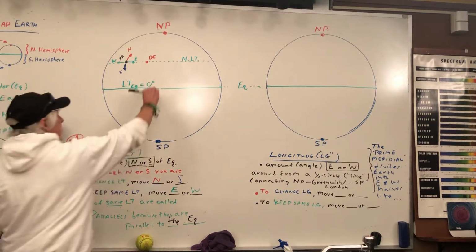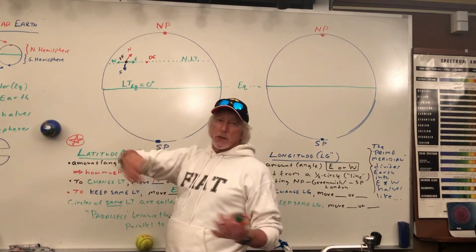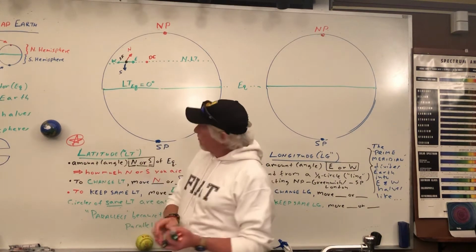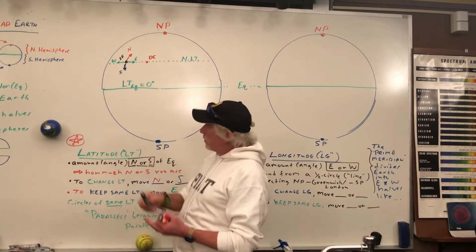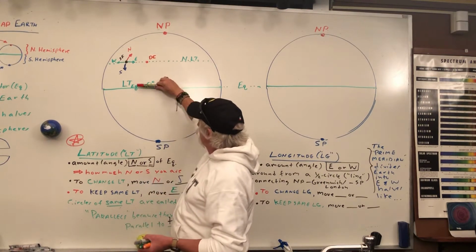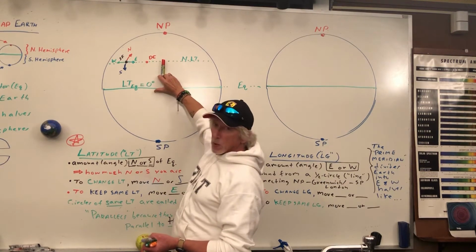Well, how much is that latitude? Well, remember it's kind of an angle. And again, don't worry about that angle. Just know that more angle means more north or more south. In fact, if this is 0, what would the angle be going up, up, up? What's the angle with the equator going to North Pole?